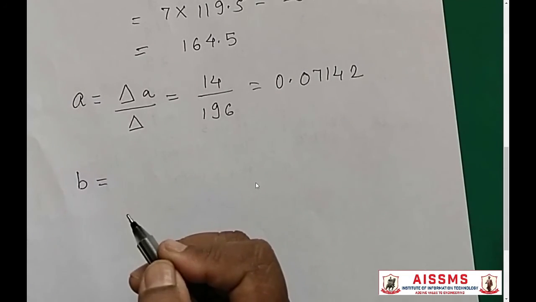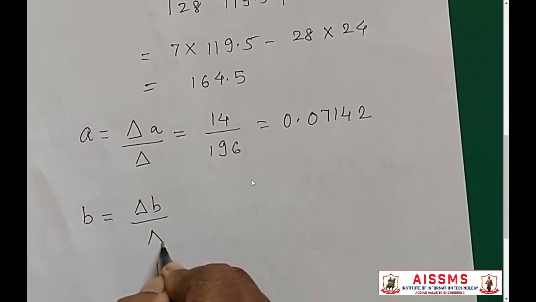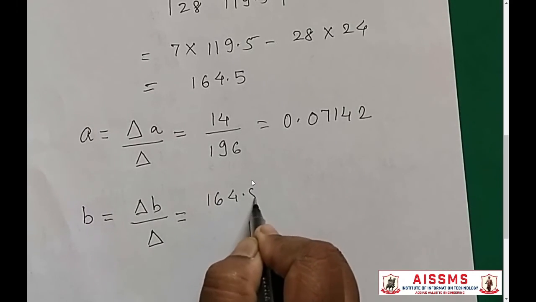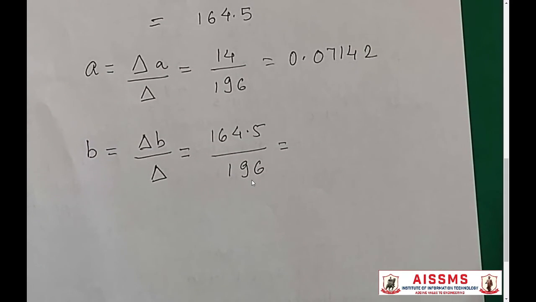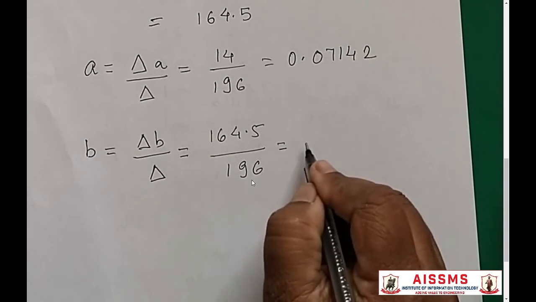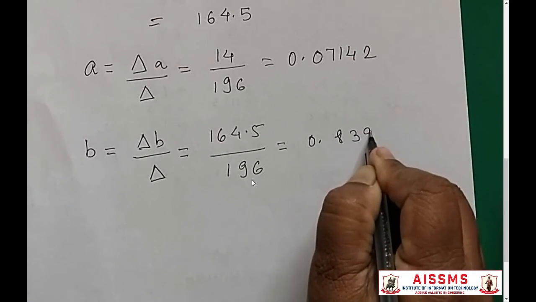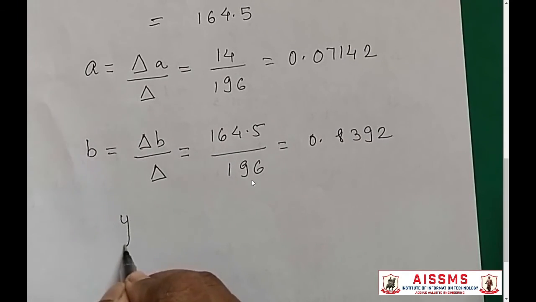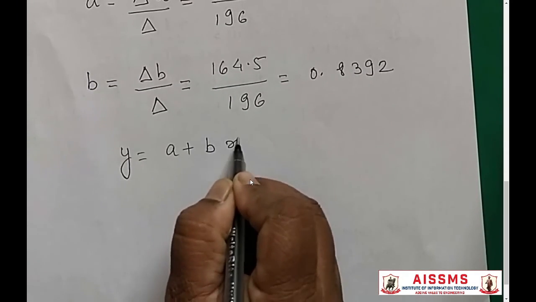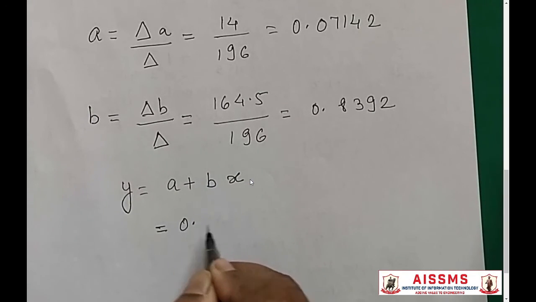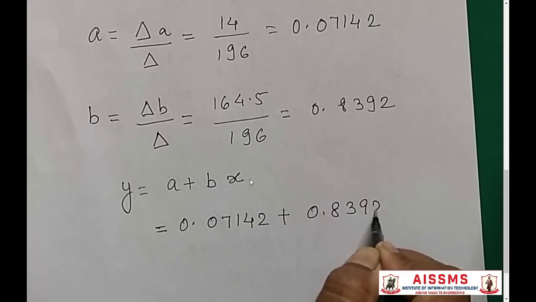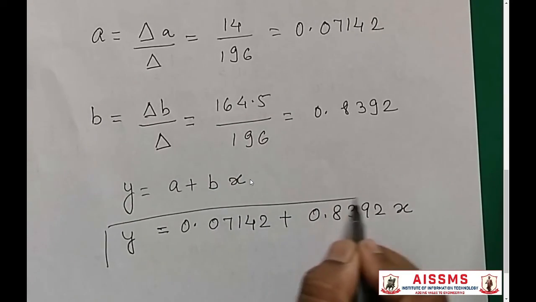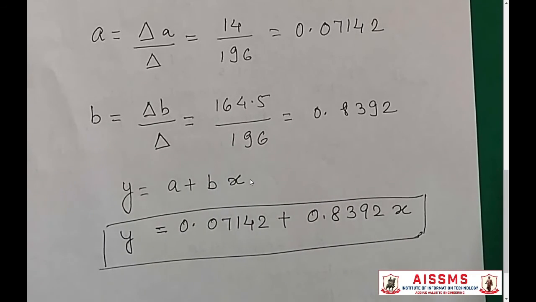Similarly, to find out the value of b, you will do delta B upon delta, which is 164.5 upon 196, which comes out to be 0.8392. And our straight line is y is equal to a plus bx. So our straight line will be 0.07142 plus 0.8392x. So this is how you solve the numerical by the least square method to fit a straight line to the given data points.